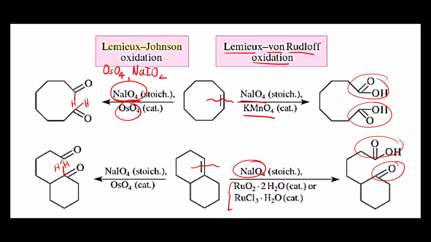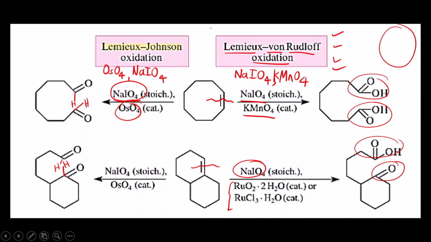Such types of questions have been asked in GATE as well as in the CSIR NET exam. They will give you match the columns, with 4 reagent names and what exactly that reagent is. So you can remember this. They can ask in some or the other exam.